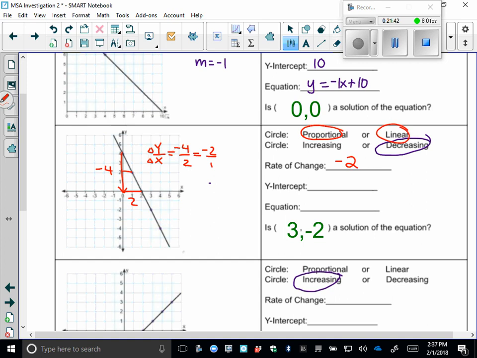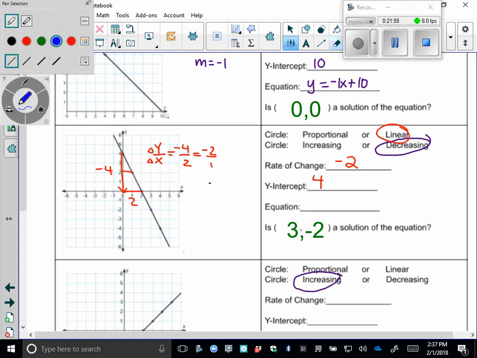Okay, what's the y-intercept? Keep going. It is 4. Right? Why is it not proportional? Because I was not paying attention to my pencil. Thank you. It is not proportional, it is linear. Thank you, Emily. And then the equation is y equals -2x plus 4. Yes.